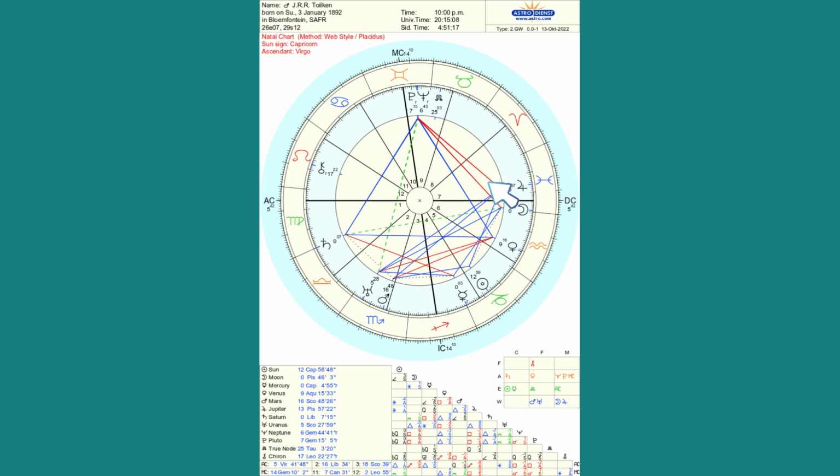And then, of course, you'd want to look at the aspects to those placements, which, again, I'm going to sound like a broken record, but it's a lot of information. These are just the basics of a natal chart, if you break it down into the very, very basics of it. Degrees matter, aspects matter, transits matter, and I can go on and on.